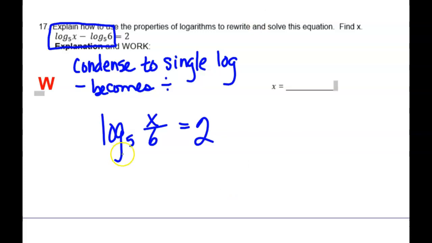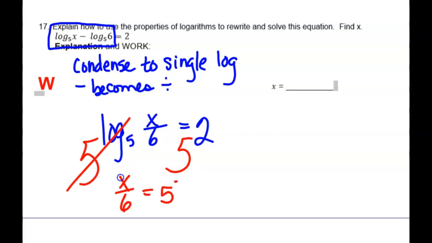And then how do we rewrite this again? Yes. X over 6 equals 5 squared, or 5 squared equals x over 6. I prefer you think of it as base to the power equals x over 6, but it's the same thing.